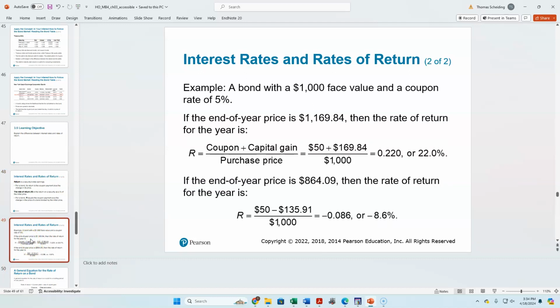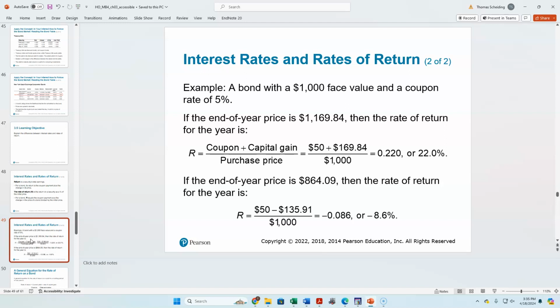So let's look at an example here. If we wanted to look at a bond with a $1,000 face value, meaning 1-to-1, and a coupon rate of 5%, at the end of the year that price is $1169.84.